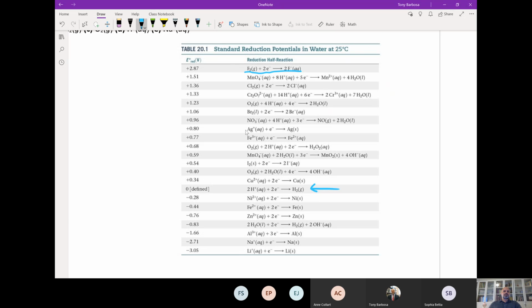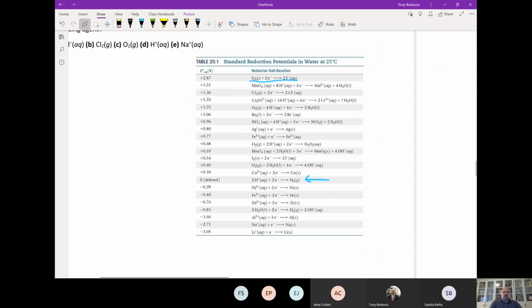So the more negative the number only refers to, it doesn't have anything to do with the gaining of electrons per se, not what the final product is. It has to do with a favorable or unfavorable process. Does that answer your question? Hopefully. But anyway, if not, ask a different way.